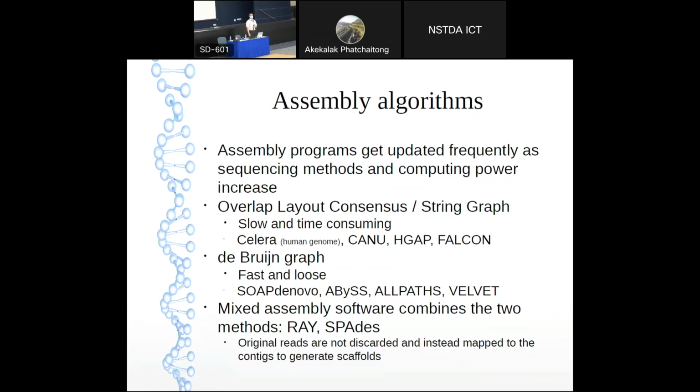These are just a few of the more popular examples. There are tens or hundreds of programs out there. There are also assemblers which combine the two, such as Ray or SPAdes. The first step for those is to use a De Bruijn graph, but instead of discarding the reads, they are kept and then mapped back to the resulting contigs.